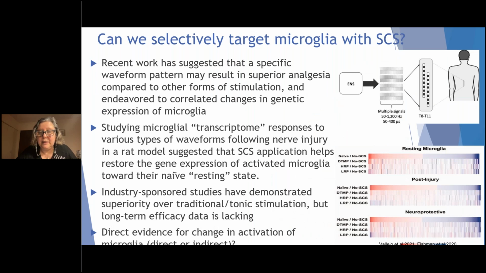Several papers did suggest that this is the case. By looking at low rate, high rate DTM and naive patients and studying the microglial transcriptomes, it was suggested that by applying DTM, the state of the cells was going towards the resting, naive state.